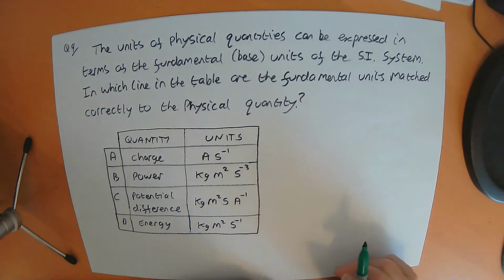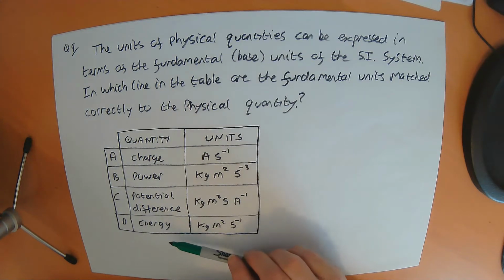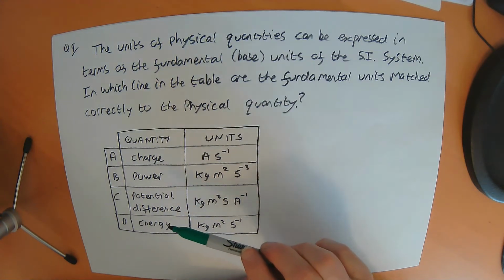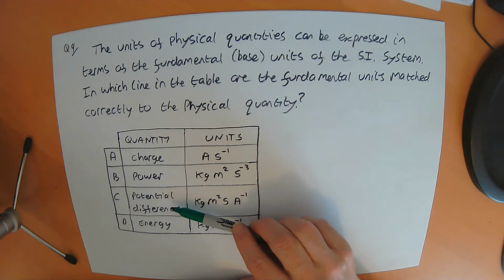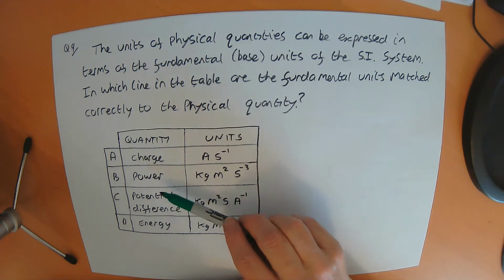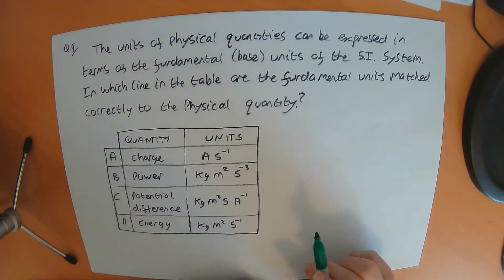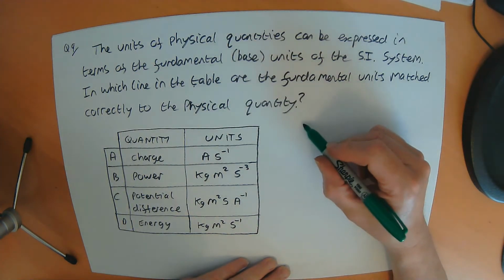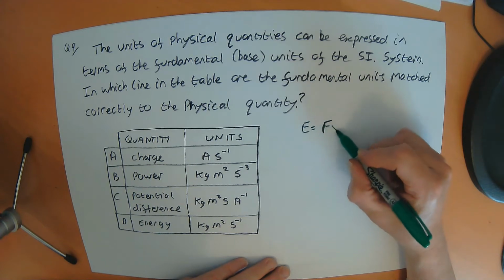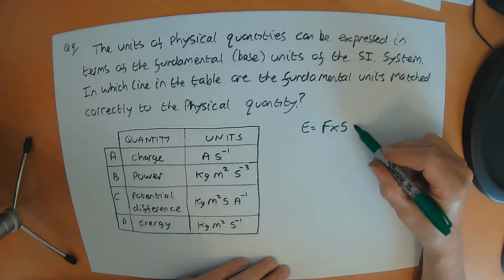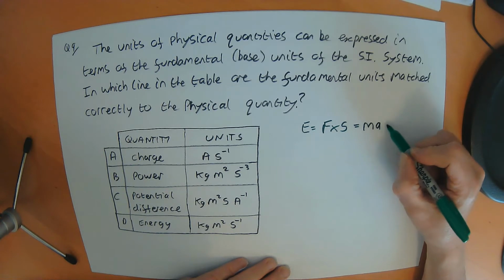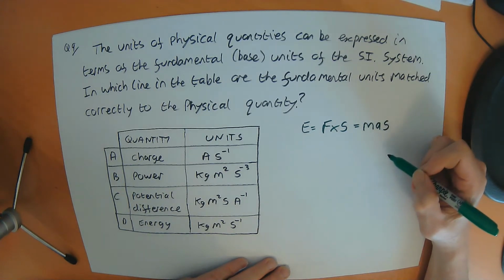I think the most intelligent way of approaching this question is to start out by working out what the unit for energy is, because we know that will tell us about D, it will tell us about C, because potential difference is energy per unit charge, and it will tell us about B because that's energy per second. So if we use energy, it's the same as work, which is force times distance, and we know that force is mass times acceleration, then energy is mass times acceleration times distance.